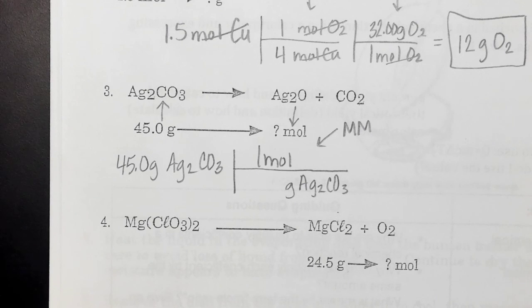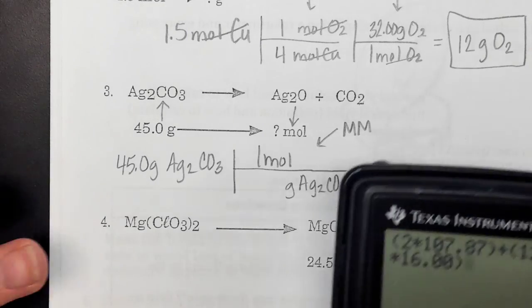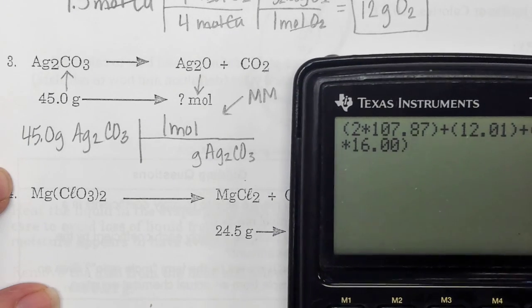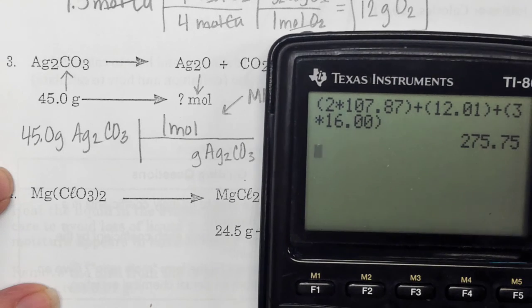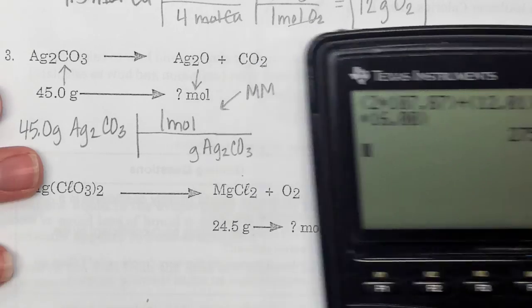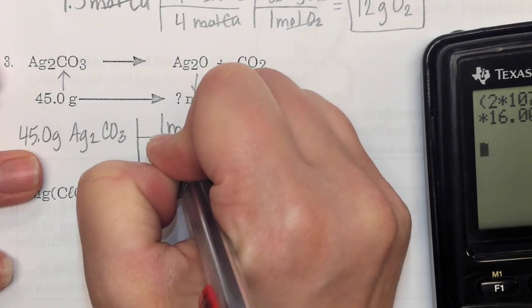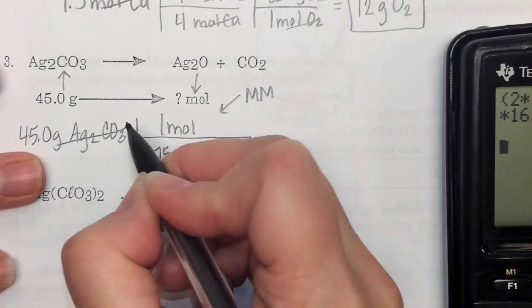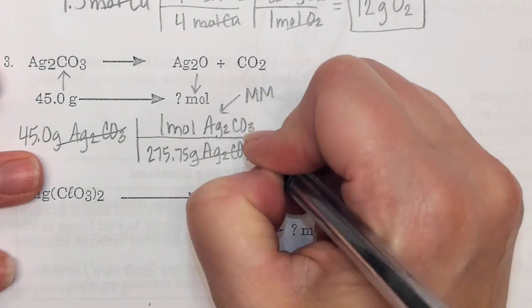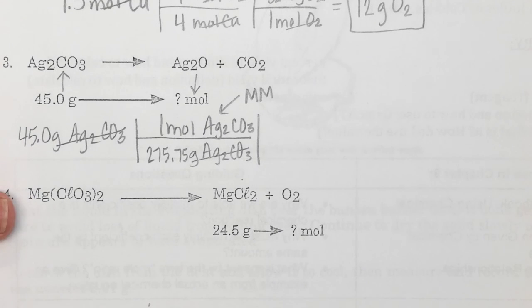So I grab my calculator and I do 2 silvers, 107.87, plus 1 carbon, plus 3 oxygens, and I get a molar mass of 275.75. 275.75 grams of Ag2CO3 cancels, and I have 1 mole of Ag2CO3.